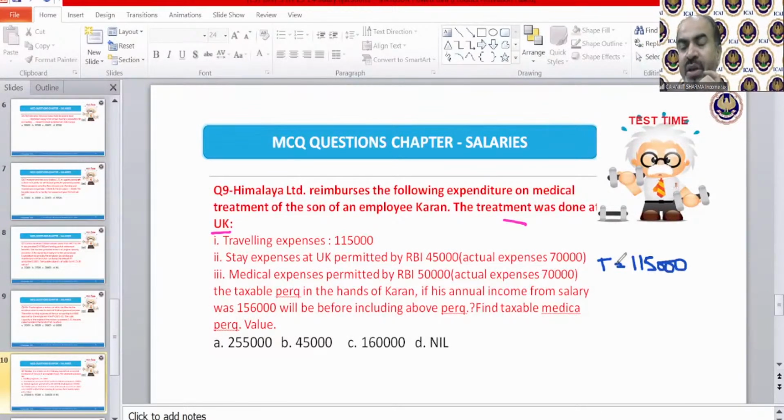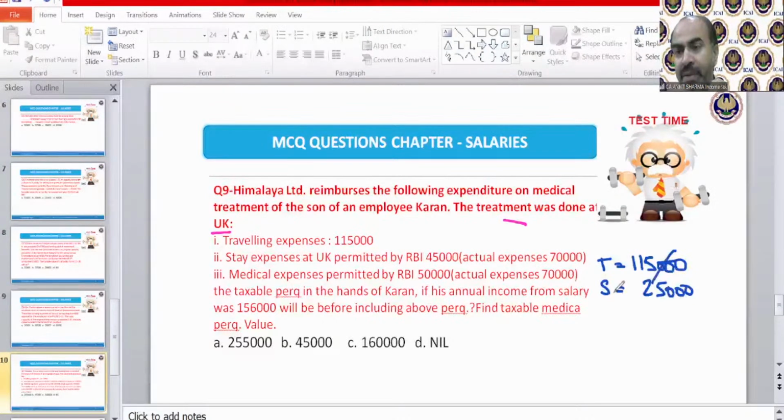In this question, it has not been mentioned what the RBI limit is. So if the question is silent, you can assume the whole amount is exempt. For stay purpose, total RBI permit is 45,000 and actual expenditure was 70,000. So that means only 45,000 will be exempt and the balance, that means 25,000, is going to be taxable.